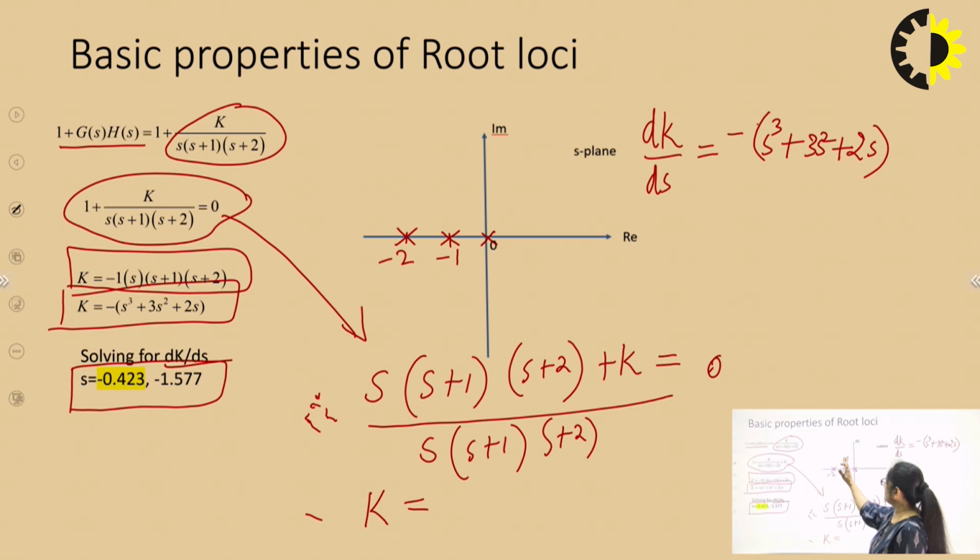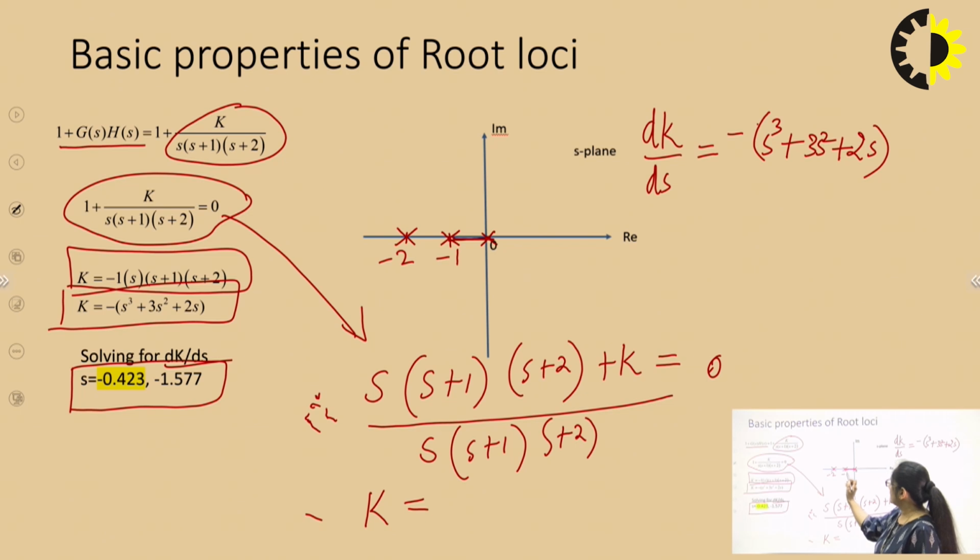So when I look at the part between minus 1 and 0, I find that there is one pole at the origin. It means that it's an odd number. Therefore, this part of the real axis is part of root locus.